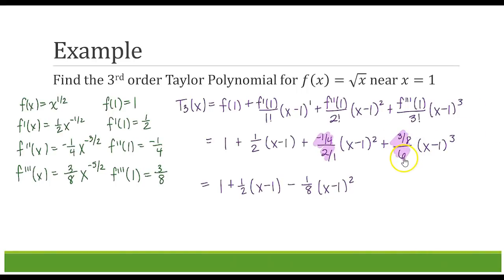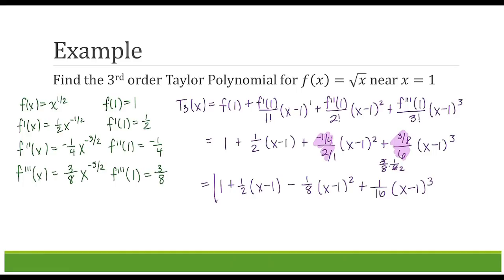And then here, 3/8 over 6 is 3/8 times, instead of dividing by 6, multiplying by 1 over 6. And here we can reduce, so we get 1 over 16 times x minus 1 to the third power.